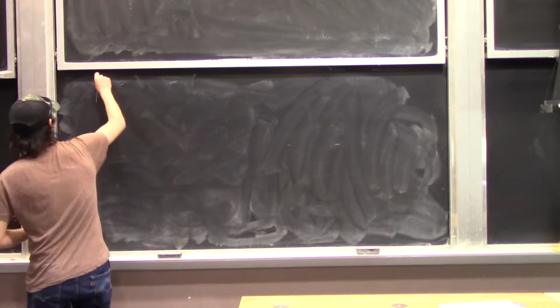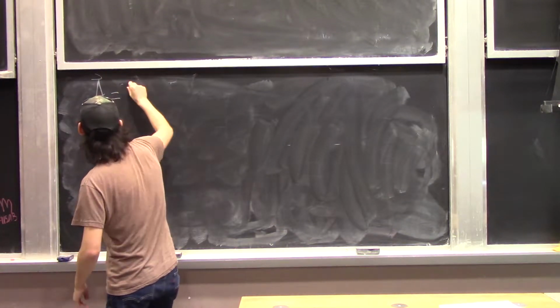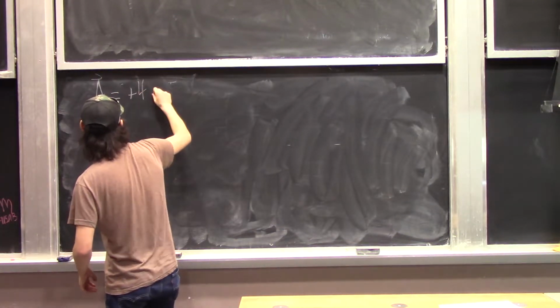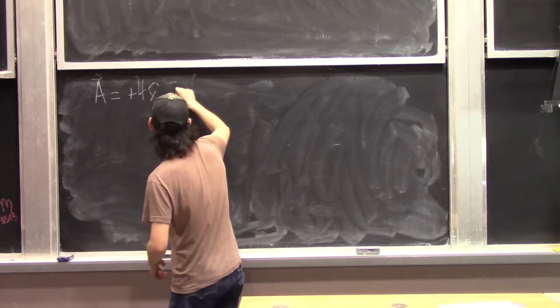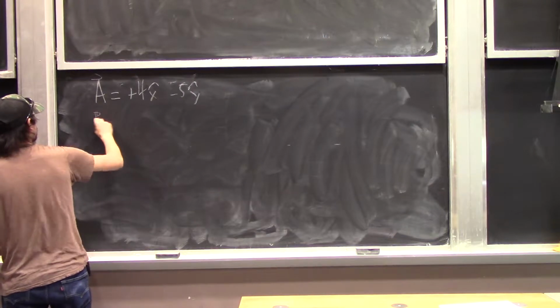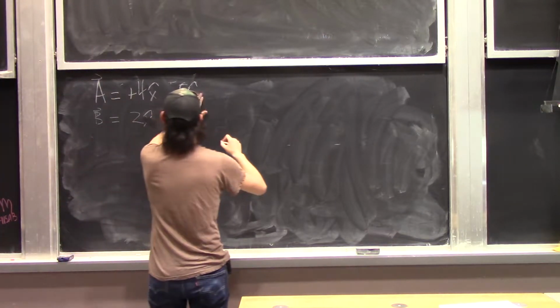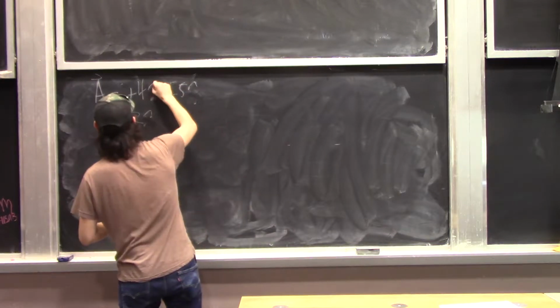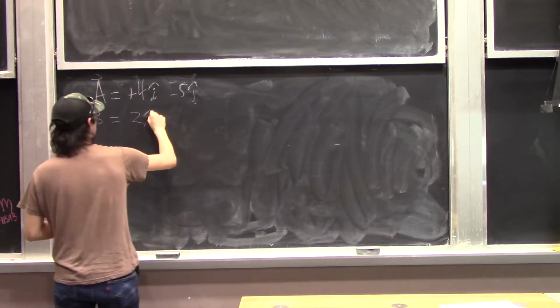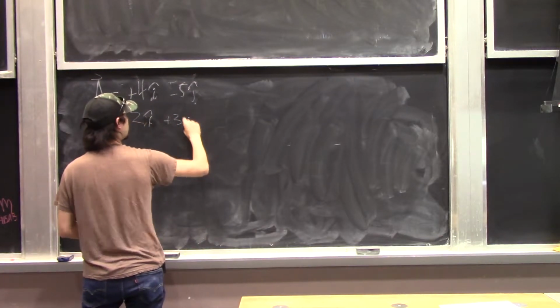So let's consider some sample vectors that we're writing algebraically. Some vector A could be +4 i hat minus 5 j hat. Actually, the notation we've been using is i hat and j hat. Vector B could be equal to 2 i hat +3 j hat. Man, this chalk is not great today.